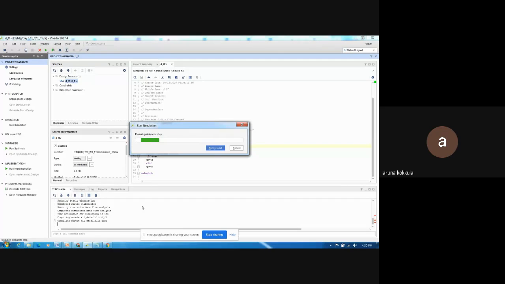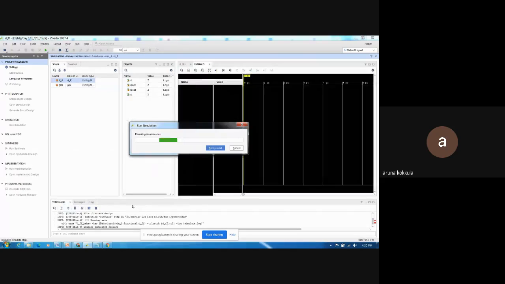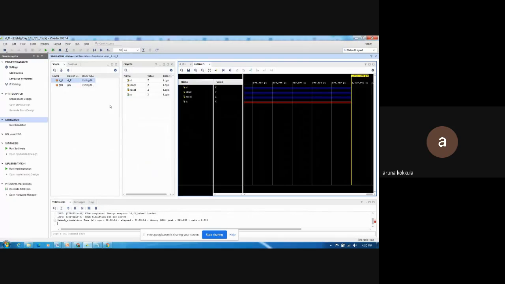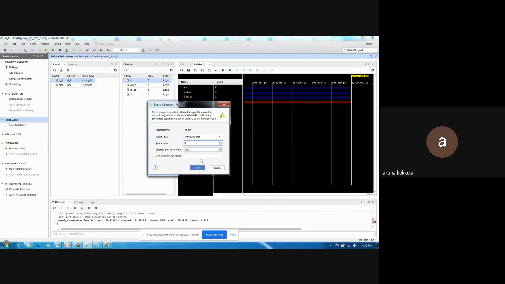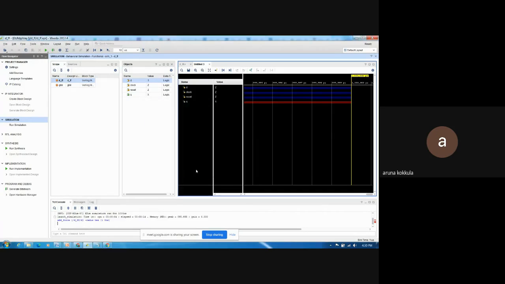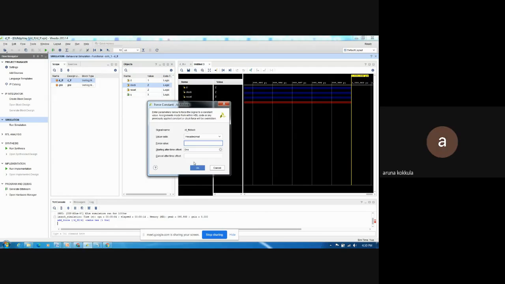It's compiling, madam. Executing. Okay. So we need to provide the D value, providing as 1, sir. Clock: how to provide the input for clock? Force clock.